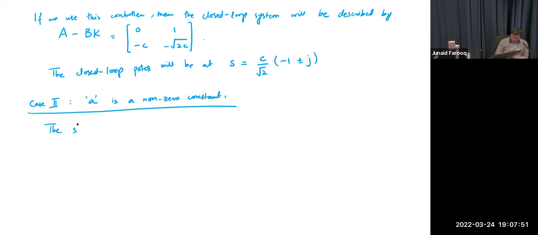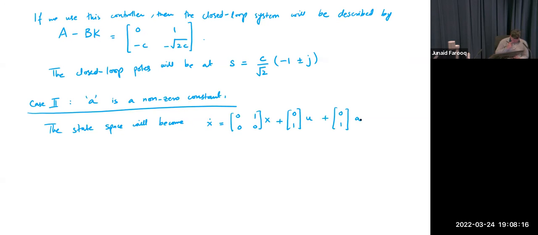So if that's the case, then the state space will become x dot equals [0, 1; 0, 0] x plus [0; 1] u plus [0; 1] a, with a dot equals to 0.